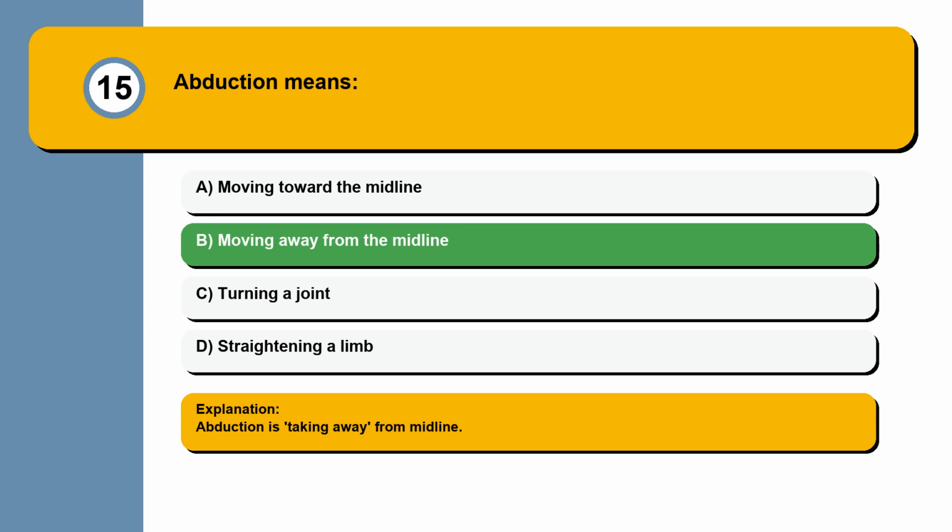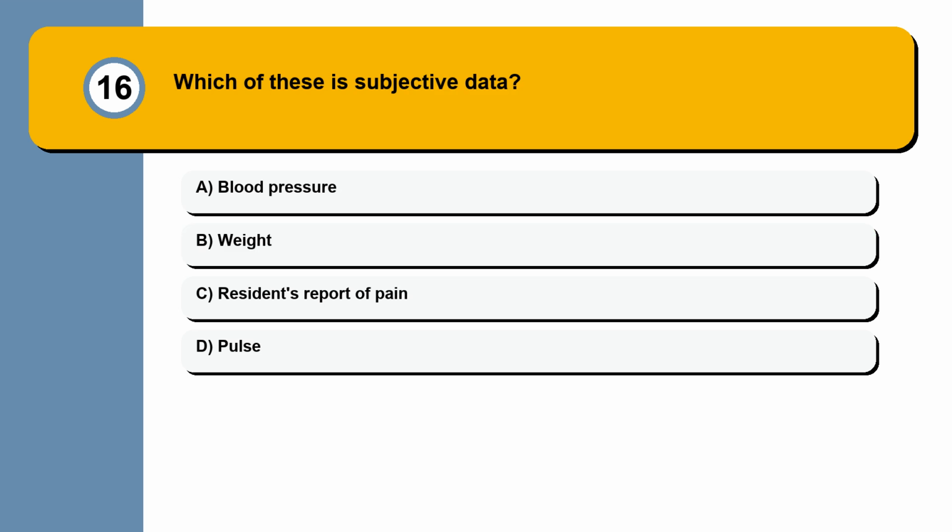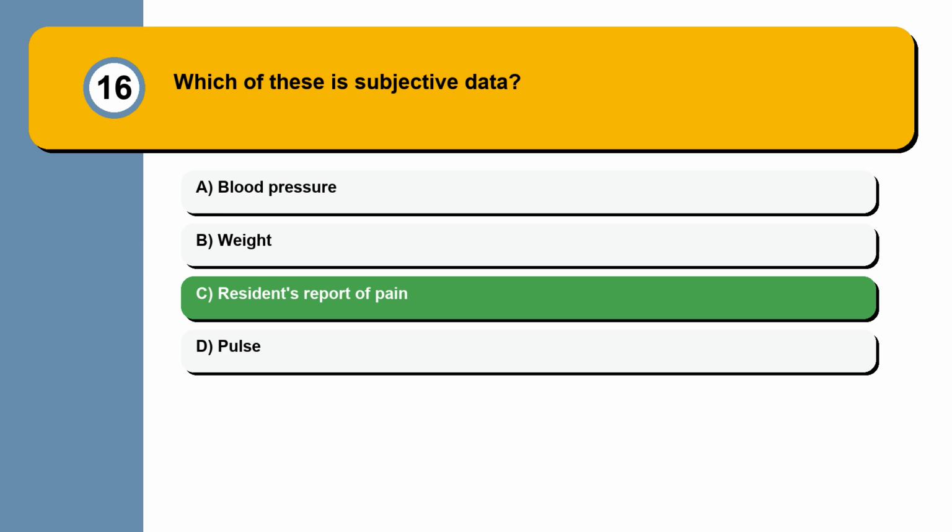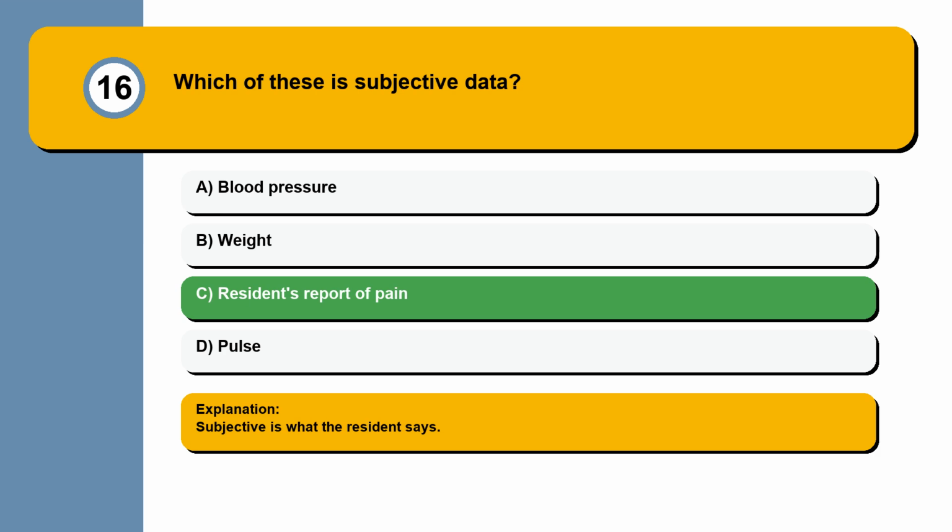Abduction is taking away from midline. Question 16. Which of these is subjective data? Blood pressure, weight, resident's report of pain, pulse. Subjective is what the resident says.